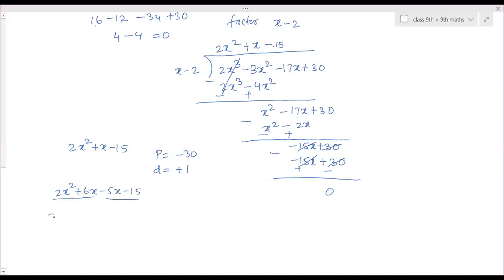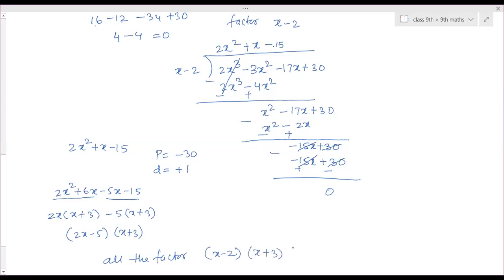So factorize it. 2x into bracket x plus 3 minus 5 into bracket x plus 3. So 2x minus 5 and x plus 3. So what are all the factors? One factor you already got, that is x minus 2, with which you are dividing. Then x plus 3 and the next one is 2x minus 5. So these are the three factors.